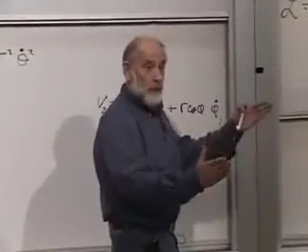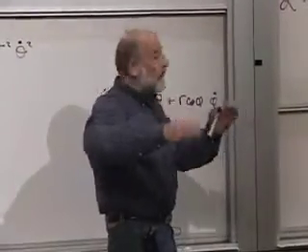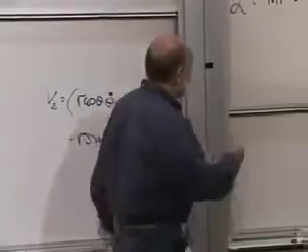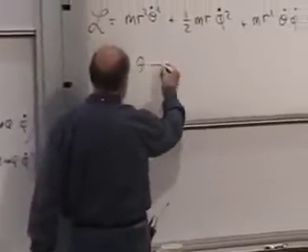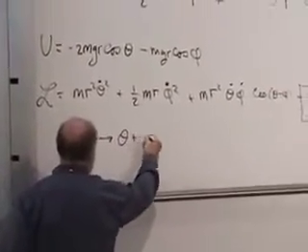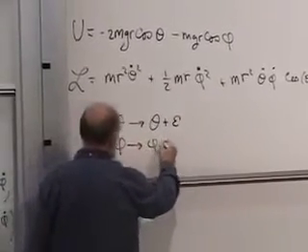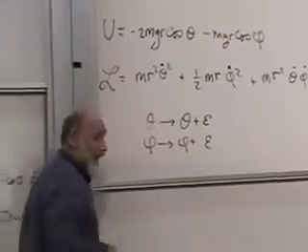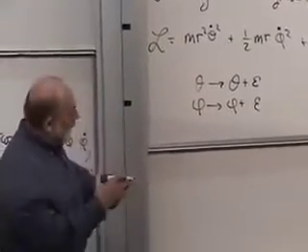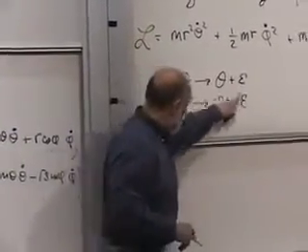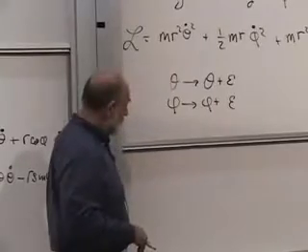The symmetry, of course, would be rotation, where you add to each angle exactly the same amount. So it's theta goes to theta plus epsilon, where epsilon is a small angle, and phi goes to phi plus epsilon. Same angle. You can't shift one by one thing and the other one by another thing. You shift them both by the same amount.